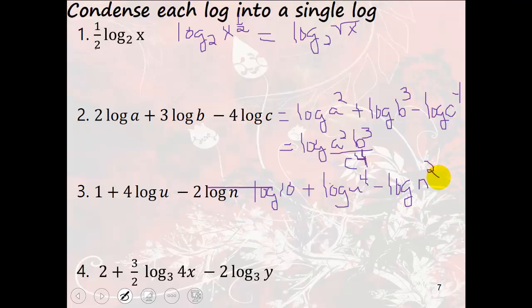Now my positive logs, I'm going to multiply those, so I get log base 10 of 10 u to the 4th over n squared.